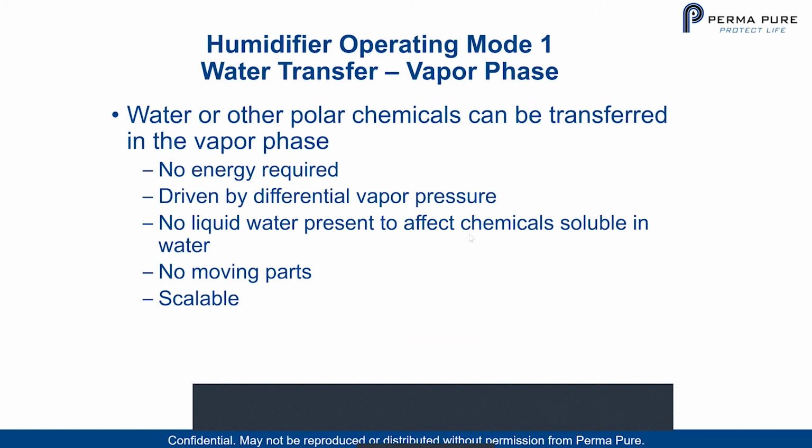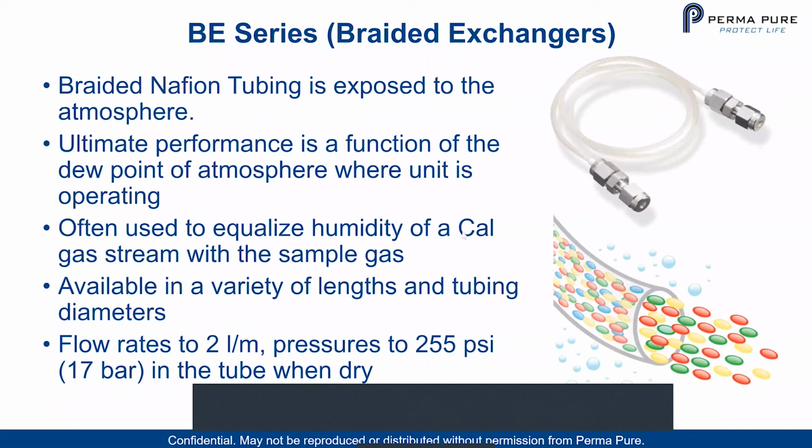So let's take a look at our first product that uses this principle, which is our BE series, our braided exchanger. This is where we have braided Nafion tubing that is exposed to the atmosphere. What's interesting about Nafion is the tubing is very difficult to connect anything to, because you can't really glue anything to the surface of Nafion, and it doesn't really stick to anything.